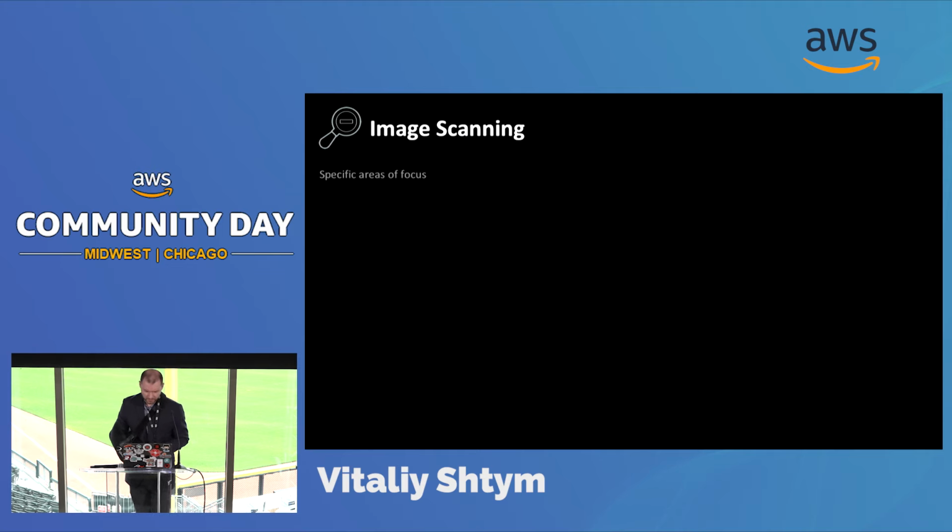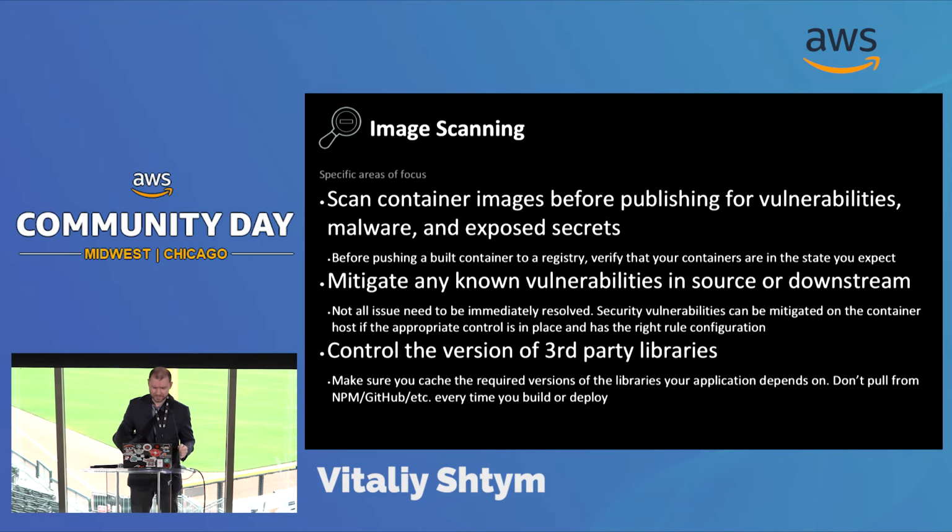Image scanning. I mentioned this earlier a little bit. To scan for vulnerabilities, secrets. You can mitigate the known vulnerabilities by breaking your pipeline and then fixing them instead of finding out about them in production. So this reduces the work that you have to do post-fact, because if you find out there's something wrong with the code that you currently have, it's a lot easier to fix it at this stage than it is once it's already running in production.